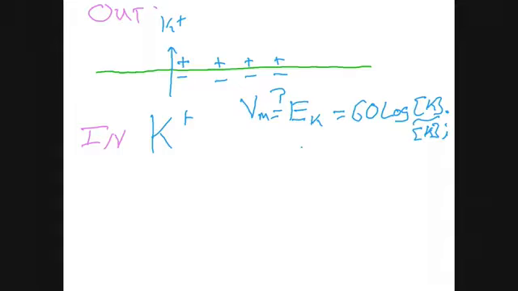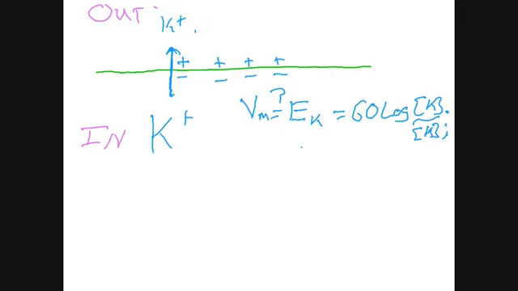Now, this equation is called the equilibrium potential for potassium. Why is it called the equilibrium potential? Where is the equilibrium here? Well, there's an equilibrium because there's a balance of forces. One force is the concentration gradient. That's right here. Potassium is at high concentration here, low concentration here. So potassium is going to tend to diffuse out of the cell.